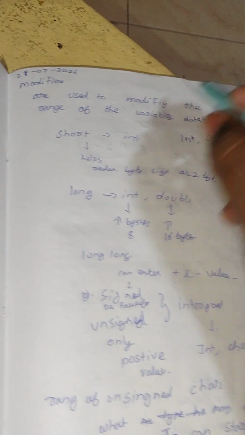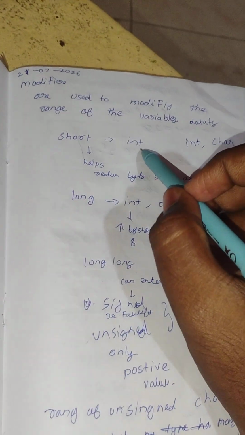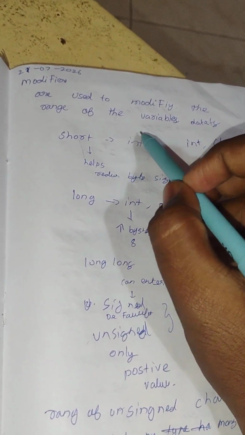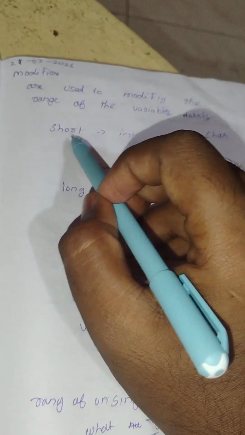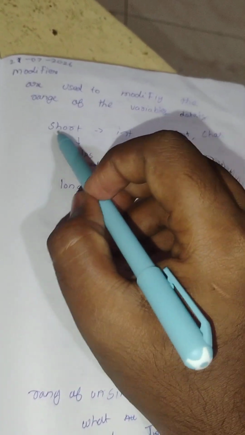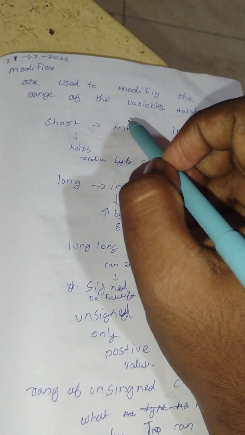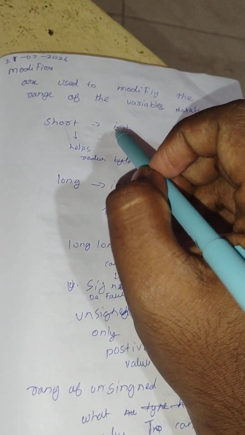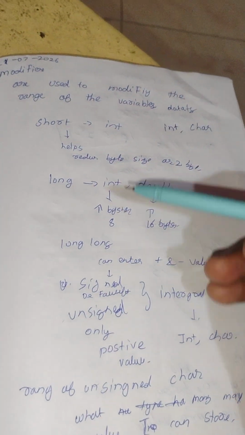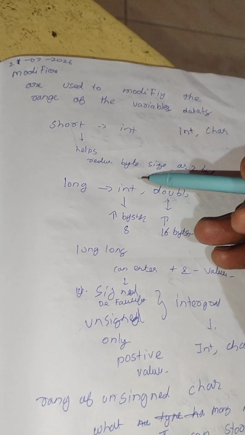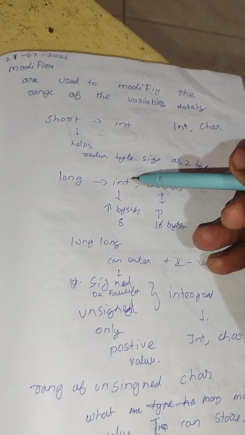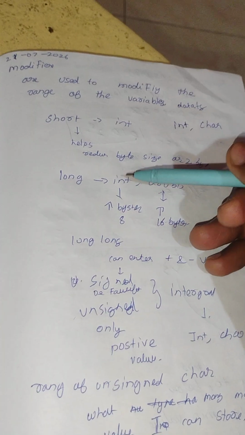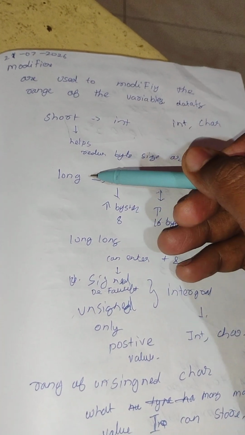So let's see an example. If I want to reduce the byte size of integer data type, I can use the short keyword. With the help of this keyword, we can reduce 2 bytes of integer data type. In case I want to increase the integer data type bytes, I can use long.